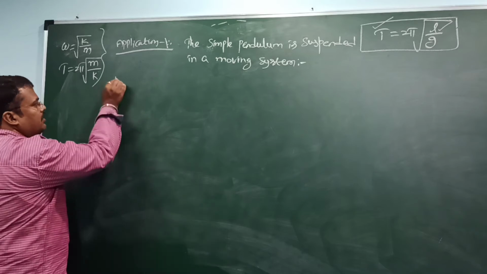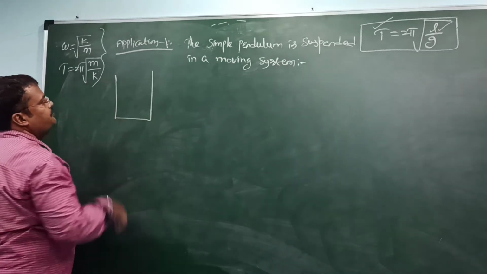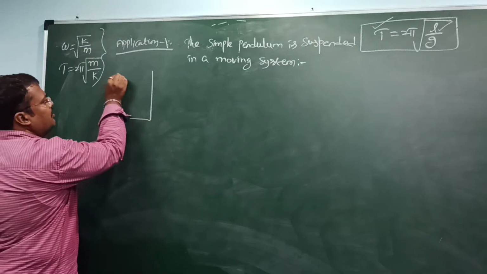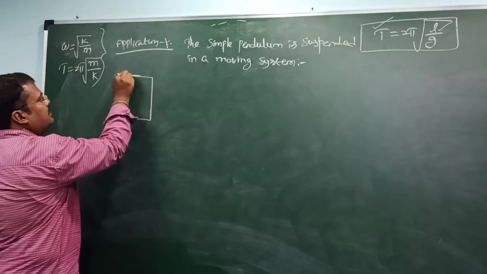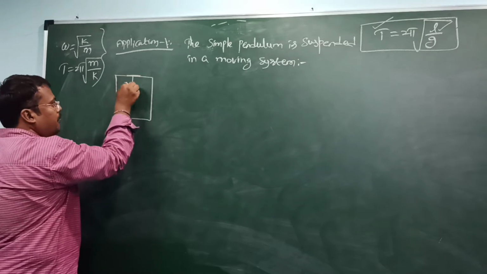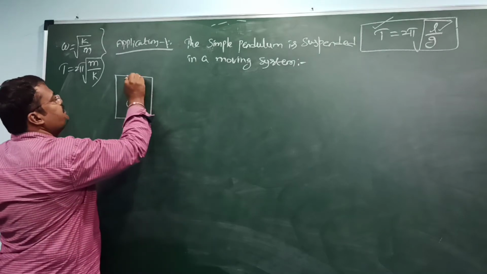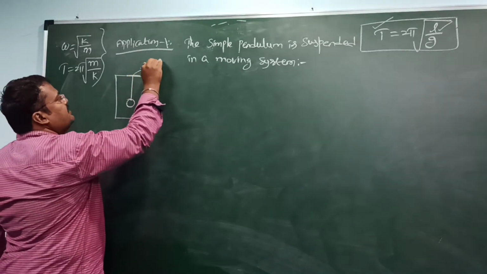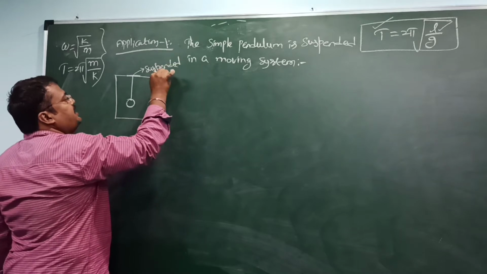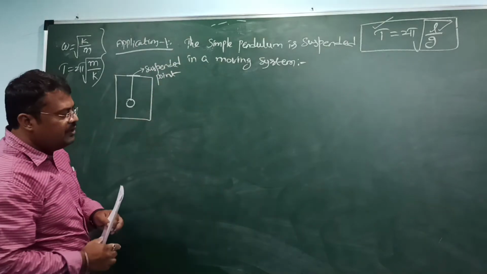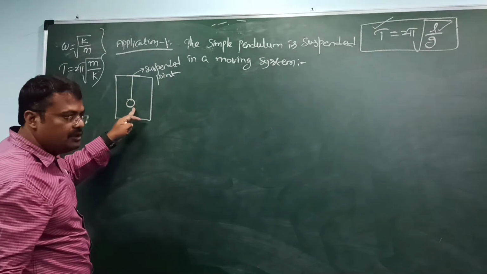For example, let us assume this is a lift. Now imagine the simple pendulum is suspended from the suspension point. Here it is, the suspended point. From this suspended point, a bob is arranged like this.